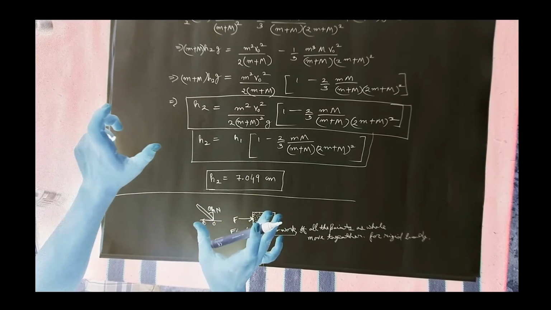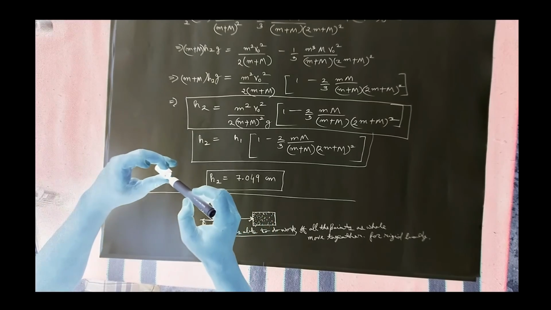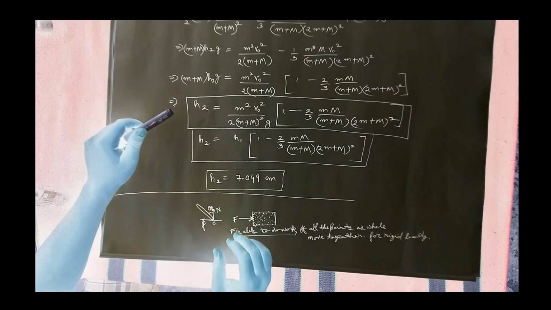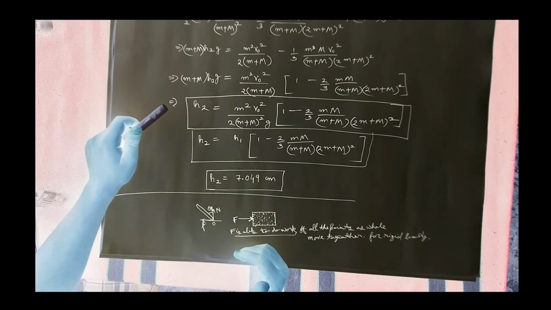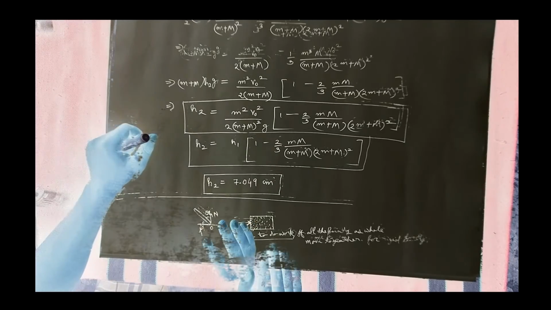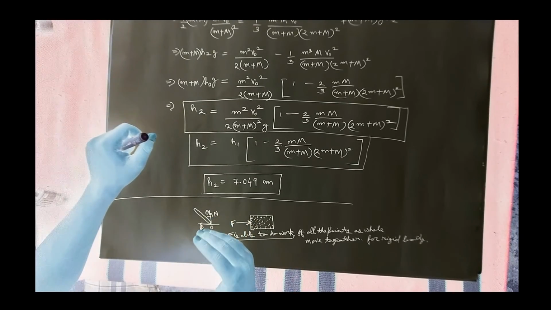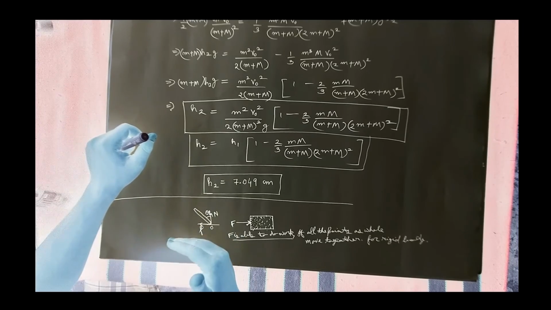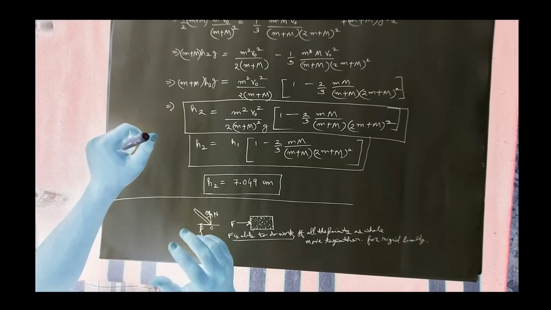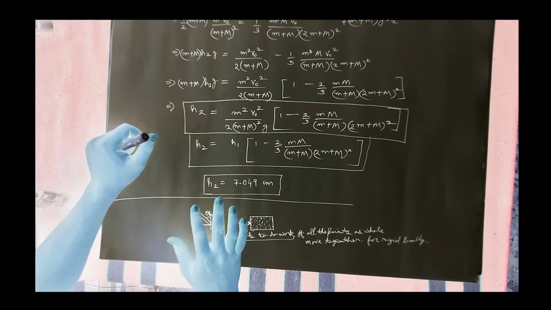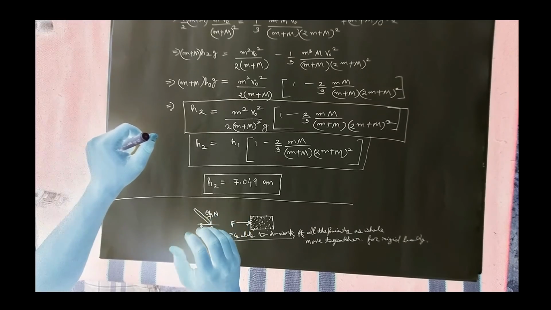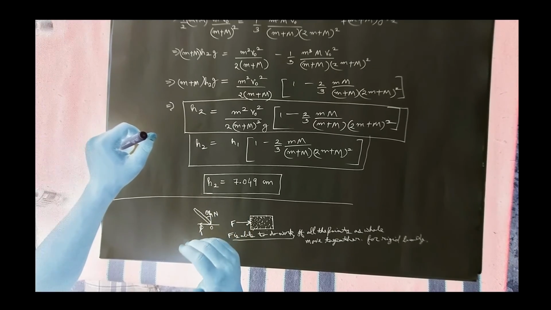That is, gravitational potential energy and translational kinetic energy are conserved after the bullet has hit the block. Before and after the collision, it is an inelastic collision because the bullet has been embedded in the body, and in an inelastic collision, energy is not conserved.